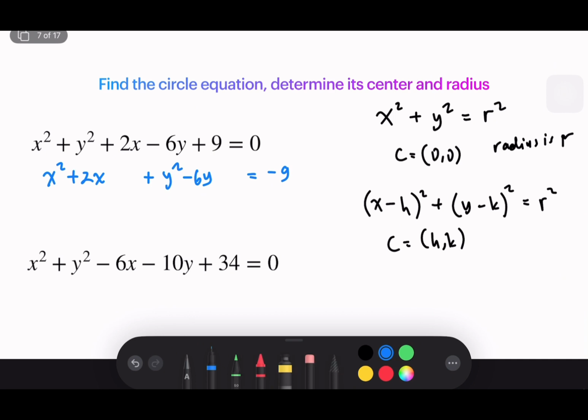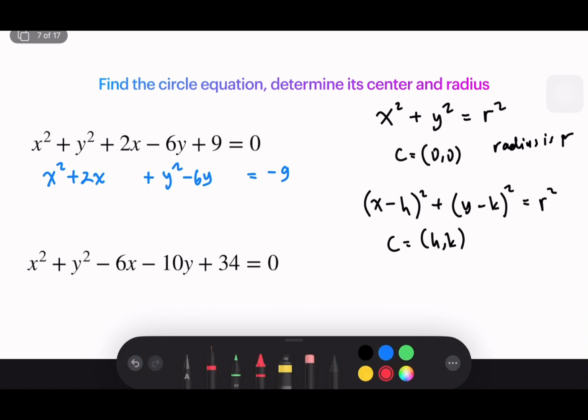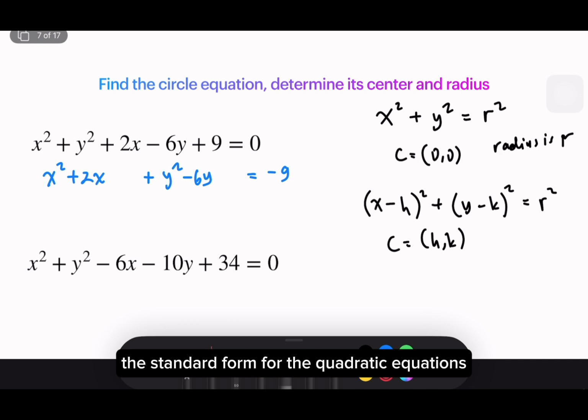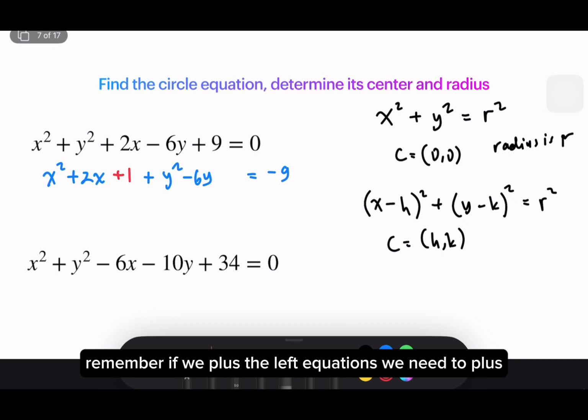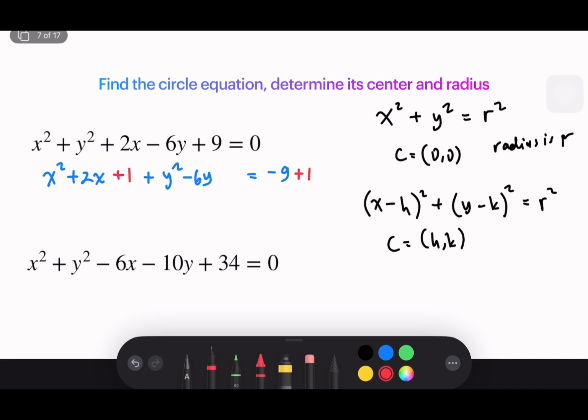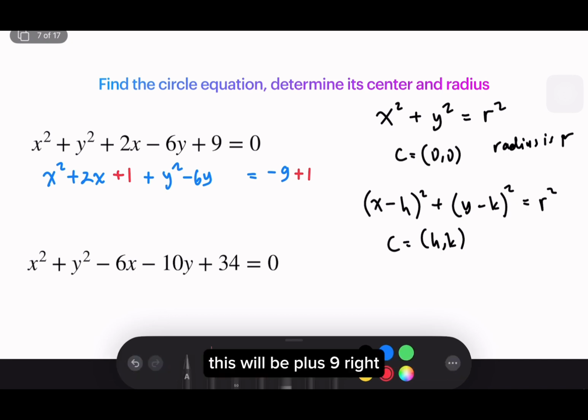We take the standard form for the quadratic equations. So this will be plus 1. Remember, if we add to the left, we need to add to the right. Then we take another one with the y. This will be plus 9, right?